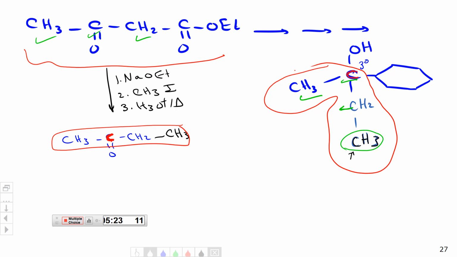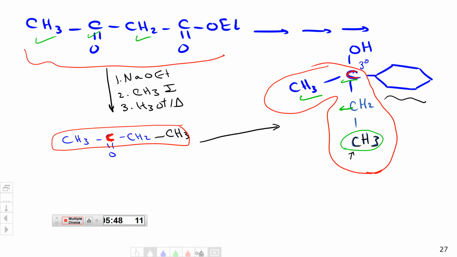So whatever is left, I can think about it. What are the reactions from chapter 19 that we learned that I can add carbon to a ketone? It's either Grignard or Wittig. Grignard will give me, if I'm starting with a ketone, a tertiary alcohol. So if this is my ketone, whatever is left in here is my alkyl halide of the Grignard.